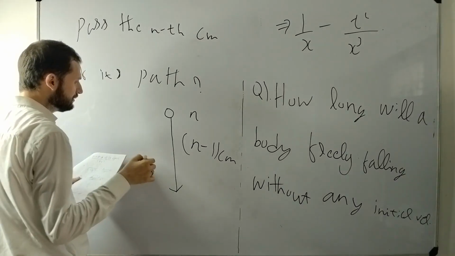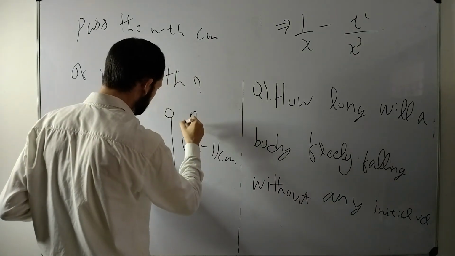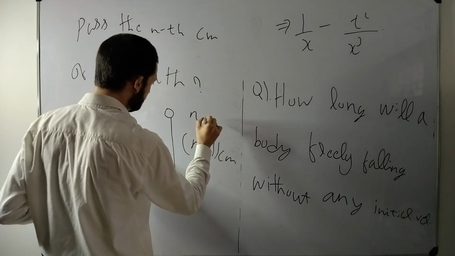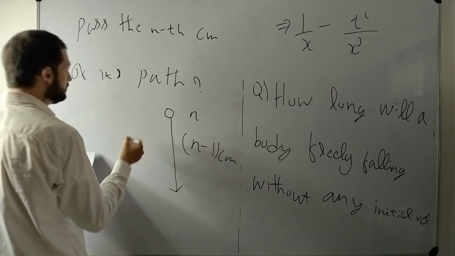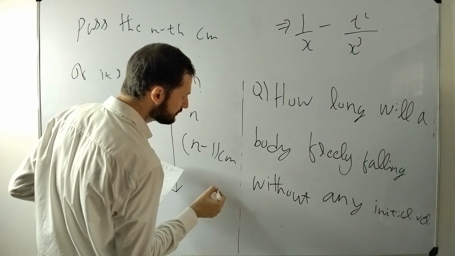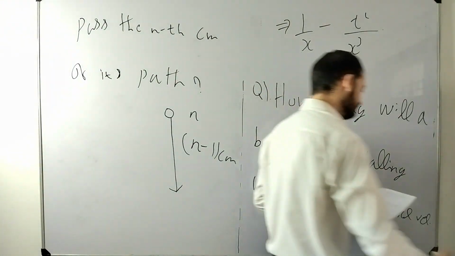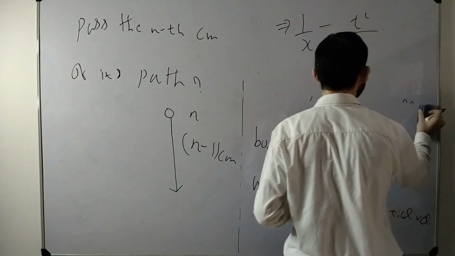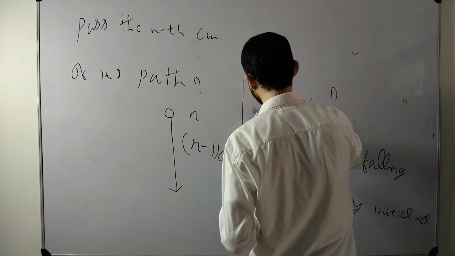So for the nth centimeter we need to find the time period. How long? The time period we need to find, if the initial velocity is 0. Now let's see the solution.